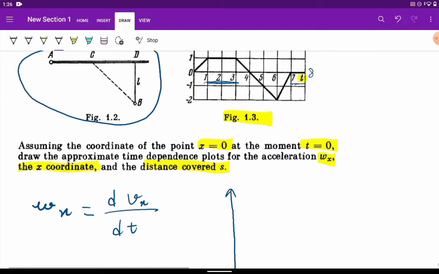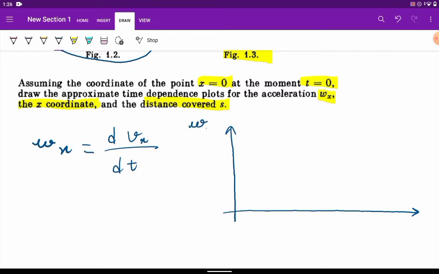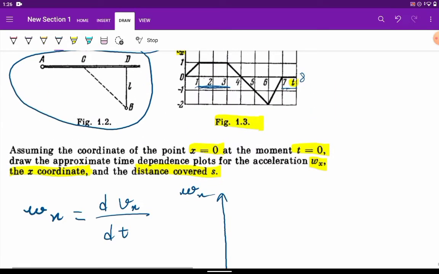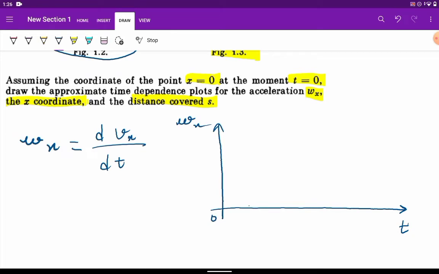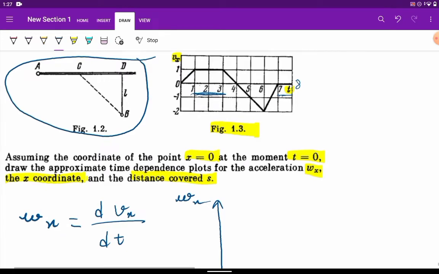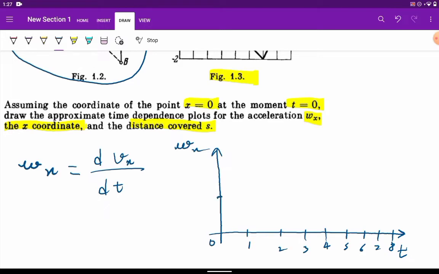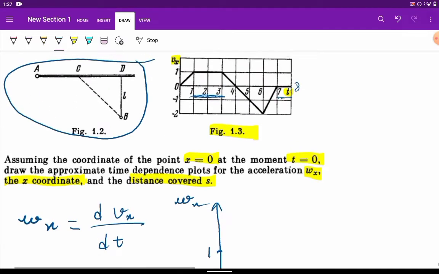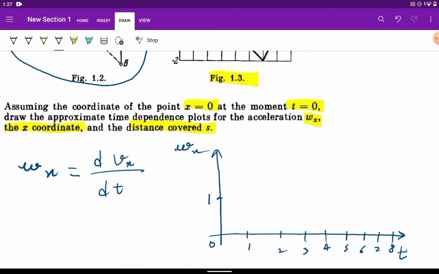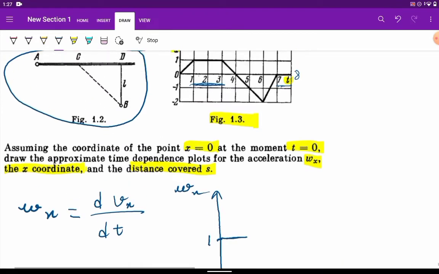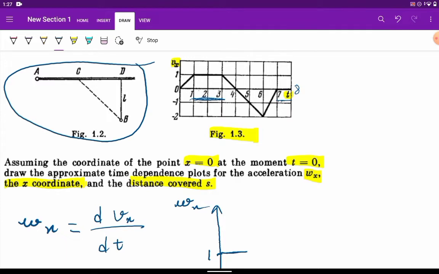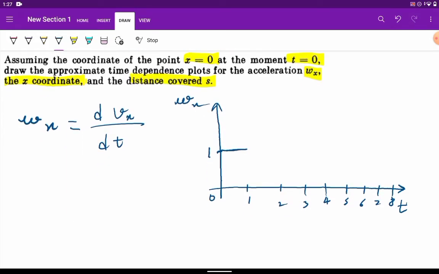So it is wx versus t, and it's an approximate plot. So 0, 1, 2, 3, 4, 5, 6, 7, 8. From 0 to 1 we can see that the slope is 1, so the acceleration is 1. Now from t equals 1 to t equals 3, the acceleration drops to 0.